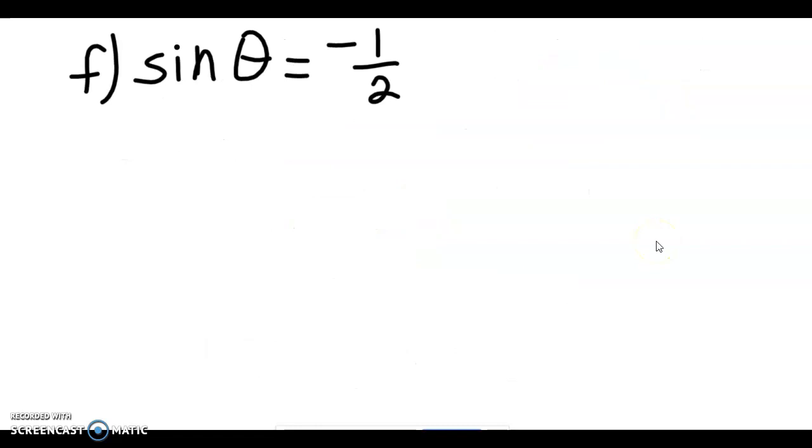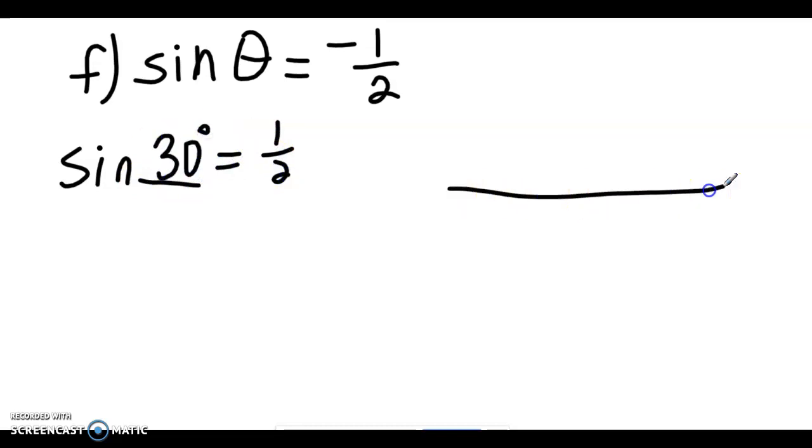Section 6.2, the sine, where the sine is a half. Where is that? 30 degrees? Okay. So we know our reference angle for our triangle is going to be 30 degrees. Okay, and we said sine is positive in quadrant 1 and quadrant 2. So we're looking at quadrant 3 and quadrant 4.